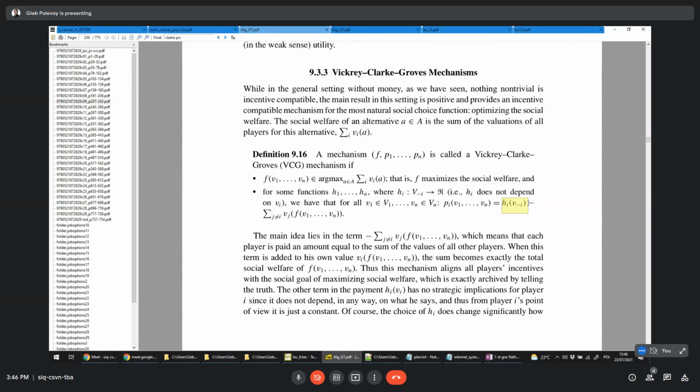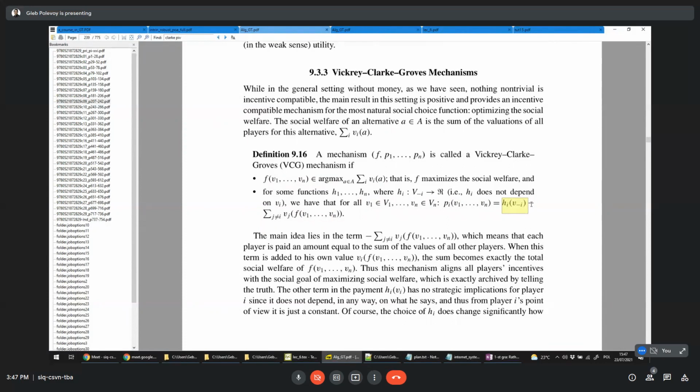Intuitively speaking, if everyone bids truthfully, then your utility is what you get from the alternative minus the price. What the others get from an alternative, together with what you get, is simply the social welfare, minus something called h_i, which you don't have an influence on. So the idea is that you kind of want to optimize the social welfare.